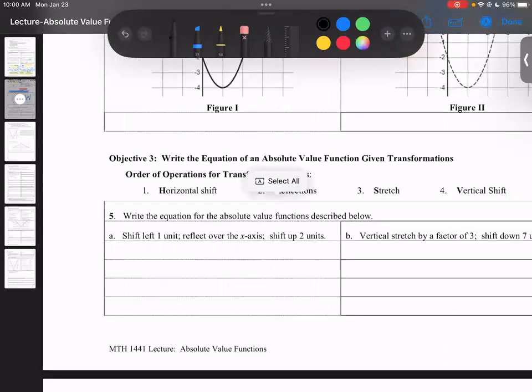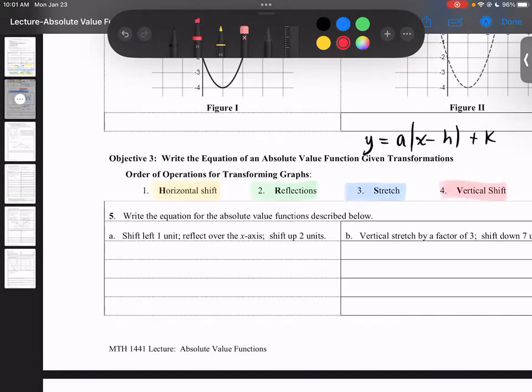But just to distinguish it with the general formula, y equals a times the absolute value of x minus h, plus k. We're going to have horizontal shift, which I'll highlight in yellow. We can have reflection in green, stretch in blue, and vertical shift will be red.